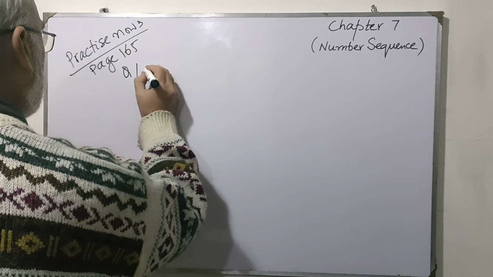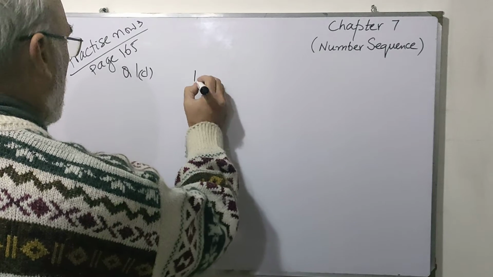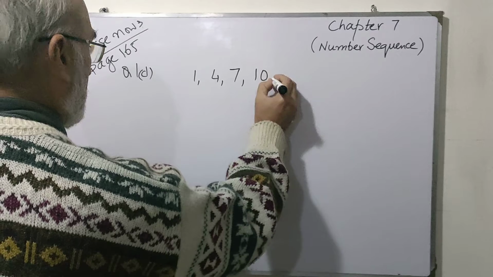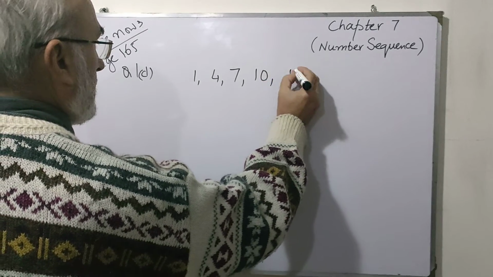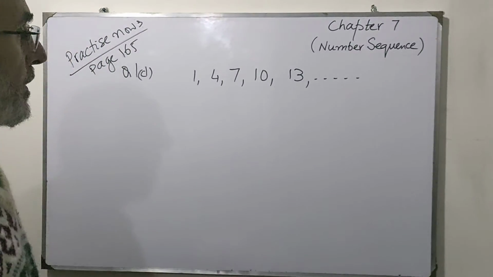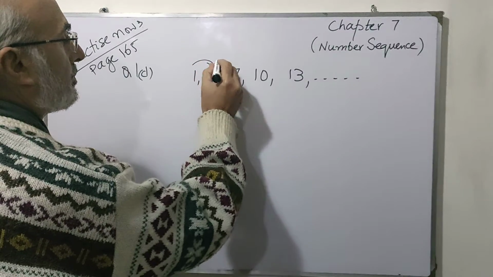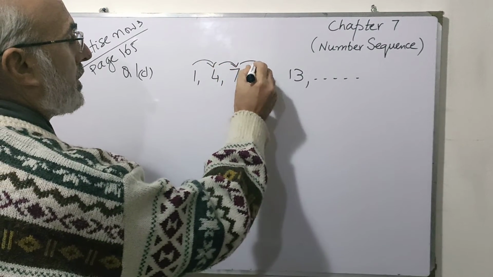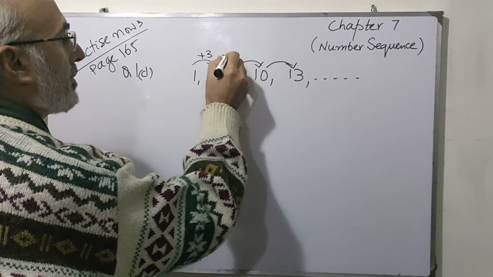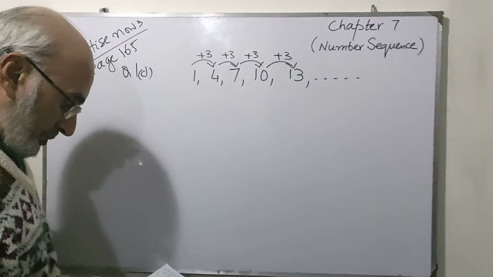Now, the D part, and the sequence is 1, 4, 7, 10, and 13, and it goes on. So the common difference here in all terms is plus 3, plus 3, plus 3, plus 3.